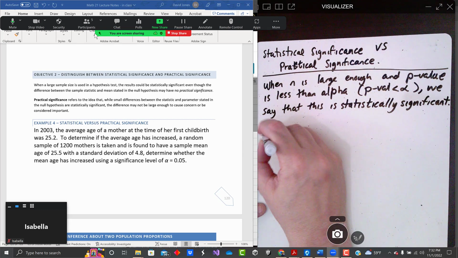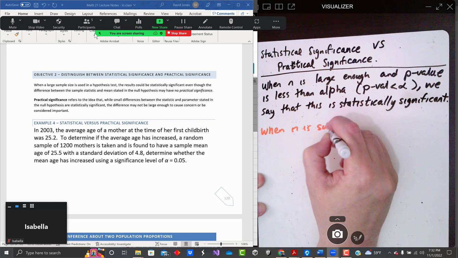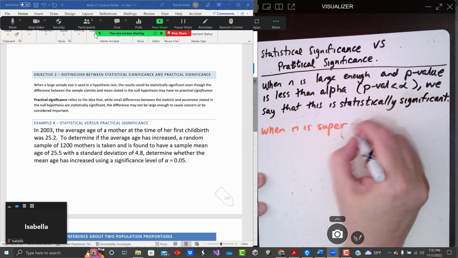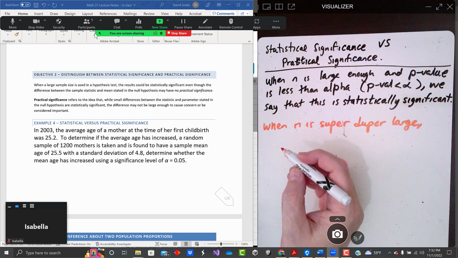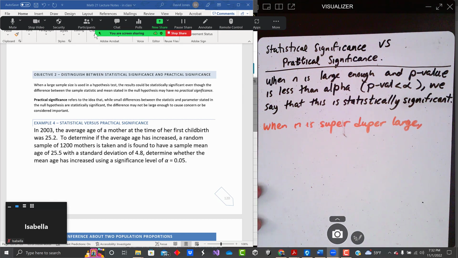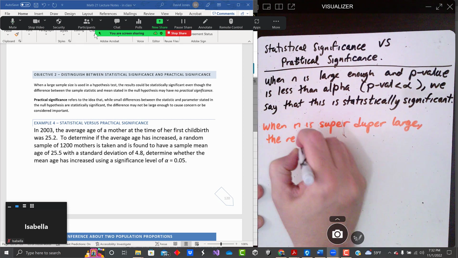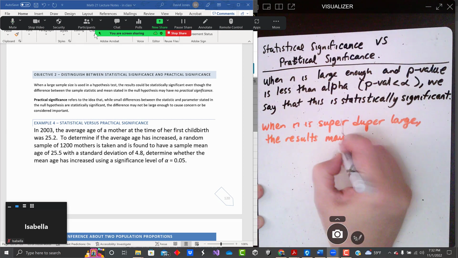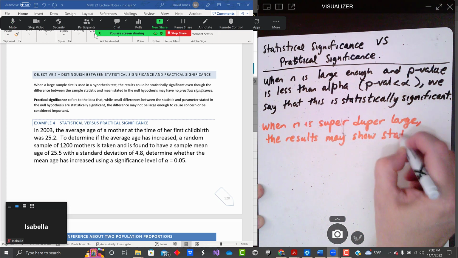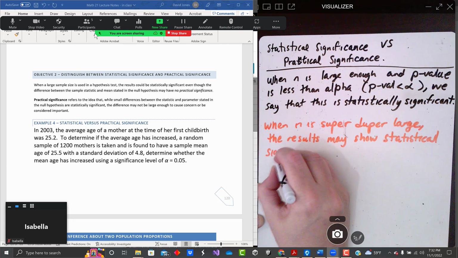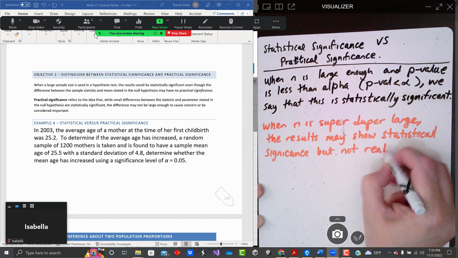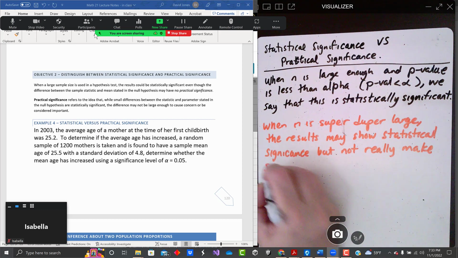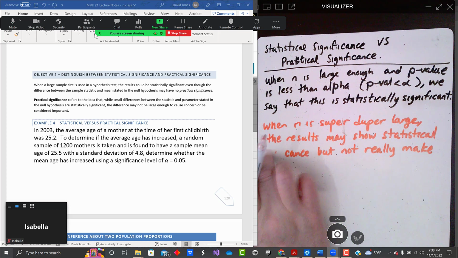But when n is super large, super duper large, the results may show statistical significance, but not really make sense in the real world. Wow, I just keep mangling this word, don't I?